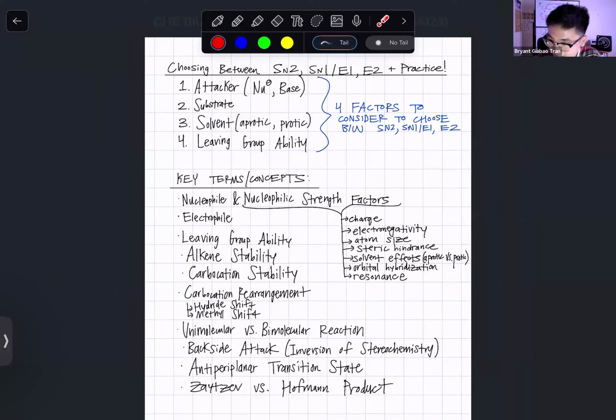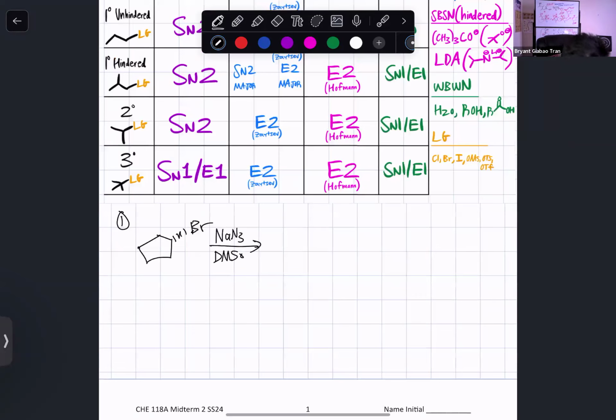And also draw the mechanism for these reactions as well. Actually, I might give you guys six of them.